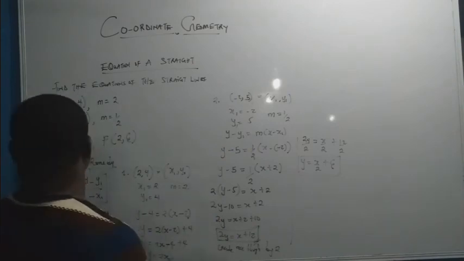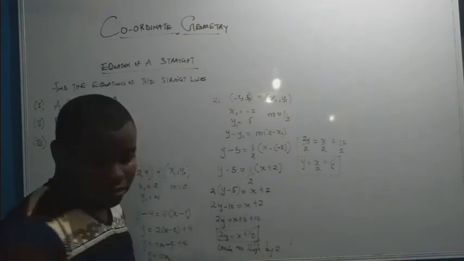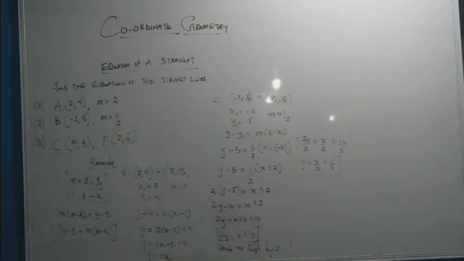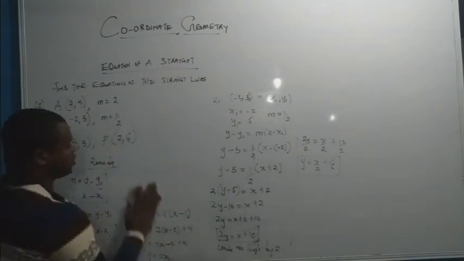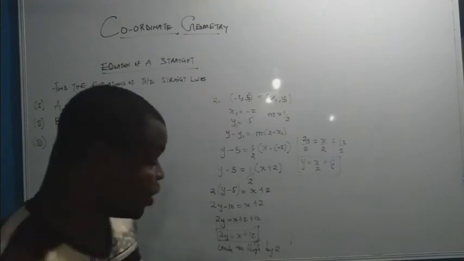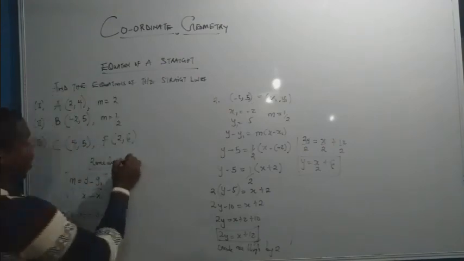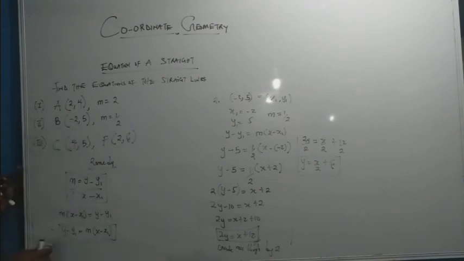Alright, the last one, which is the third question. I have to erase this, okay? The third question, which is find the equation of the line when you are given 2 points. Whenever you are given 2 points, you are not going to use this formula to solve.